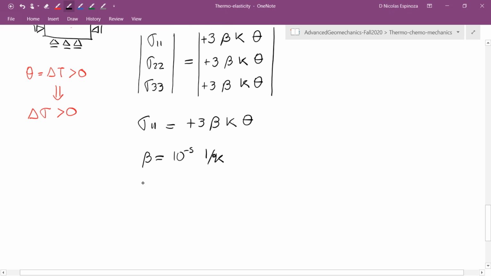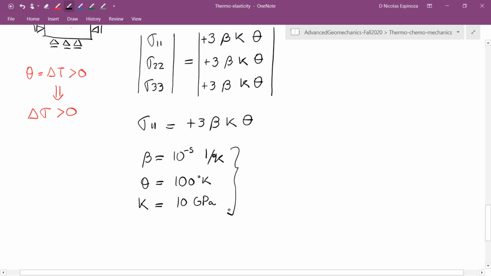And let's say that the change of temperature, theta, is going to be a large change of temperature, or 100 degrees Kelvin. And what else do I have here? The bulk modulus. And the bulk modulus K is equal to a rock with 10 gigapascals.